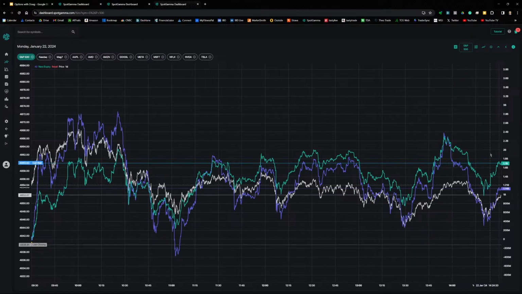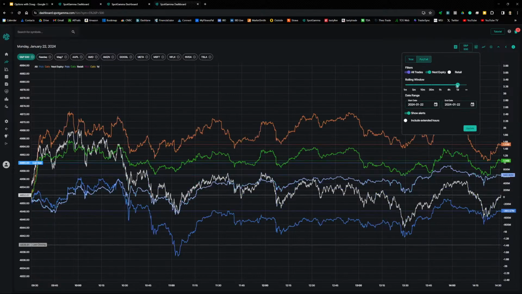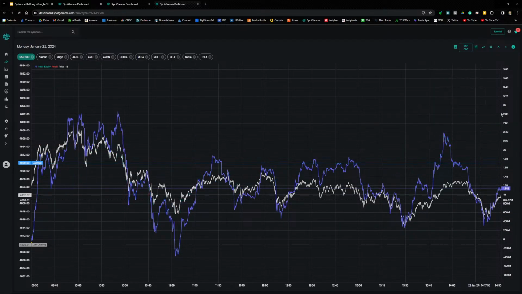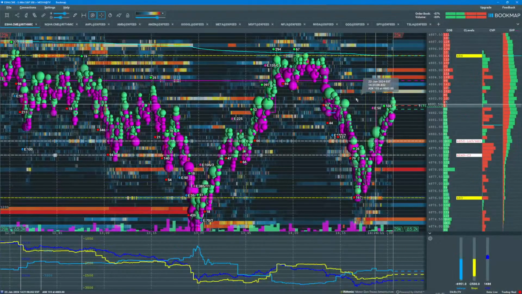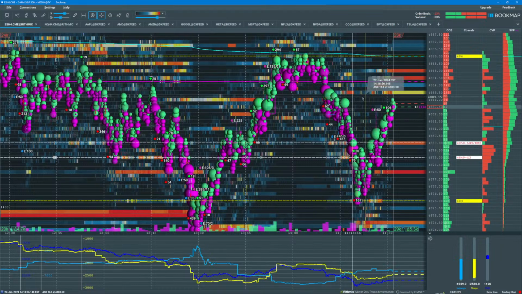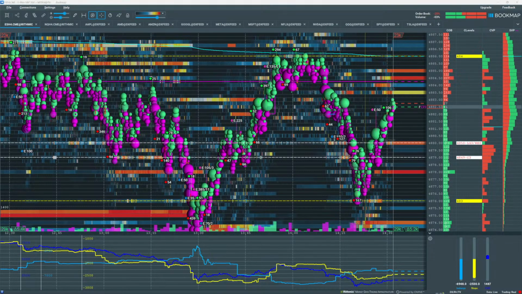So it looks like Hero's making a swing higher. Sorry about that. Go back to Bookmap. SPY 483 acting as support.